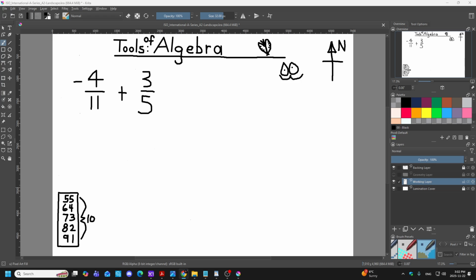Math is fun. Let's go. All right, we're going to continue on doing this. Again, we've been working with negative positive integers. We've done some negative positive decimals. And now we're working on negative positive fractions. Let's do this.